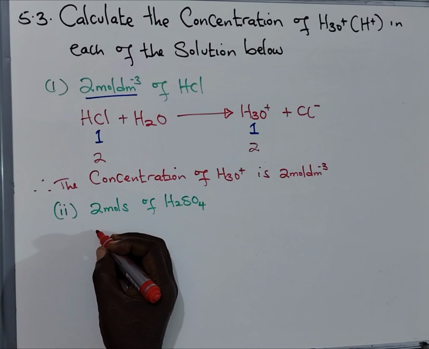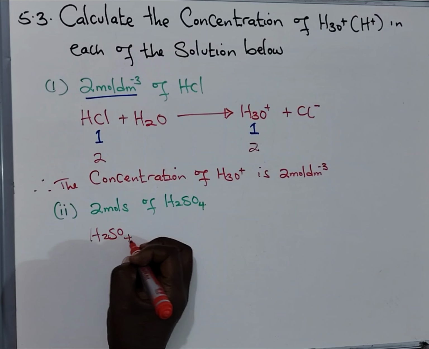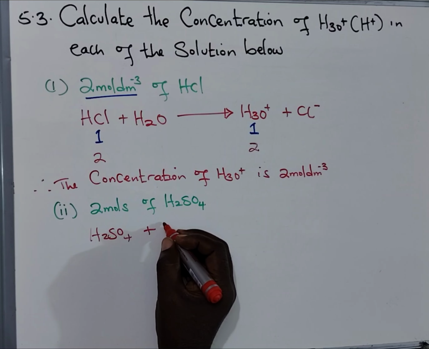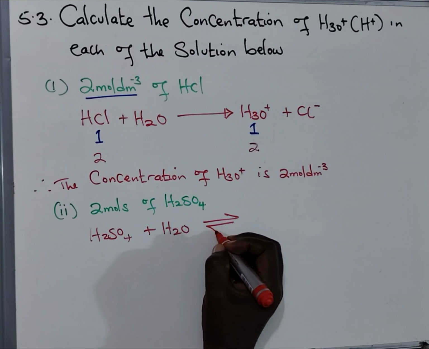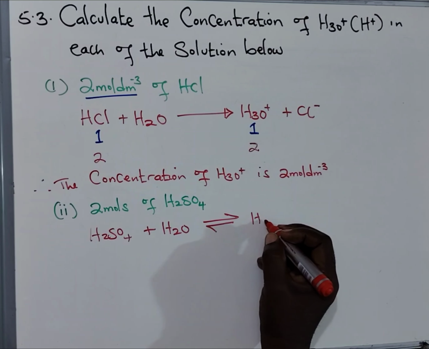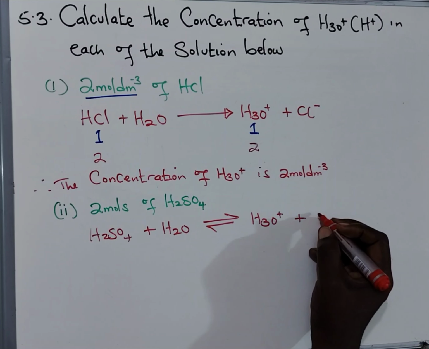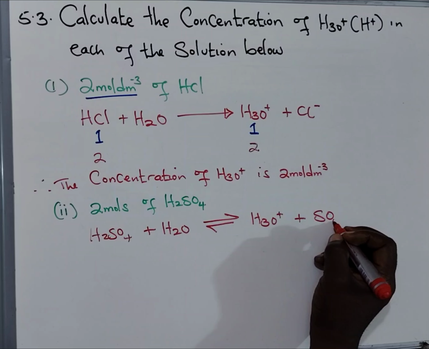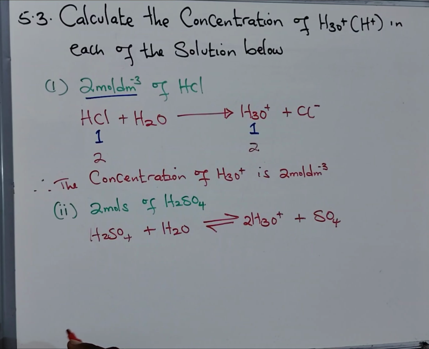So the equation is sulfuric acid plus water giving you hydronium ion plus sulfate ions. So you put 2 here to balance.